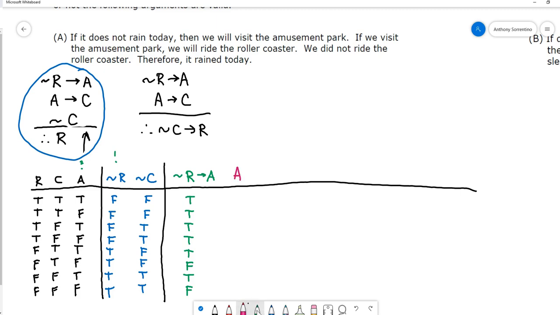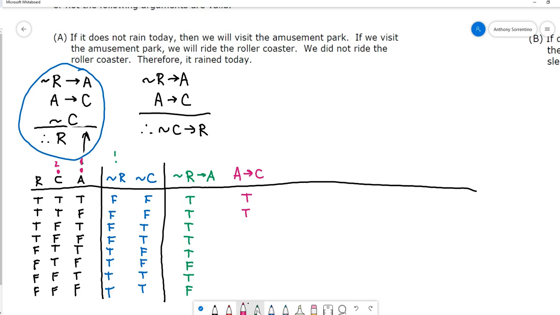The other statement, if A, then C. Now I'm looking at this statement first, and then this statement second. Again, if both A and C are true, it's true, so that's going to make this true. If A is false, it's automatically going to be true.